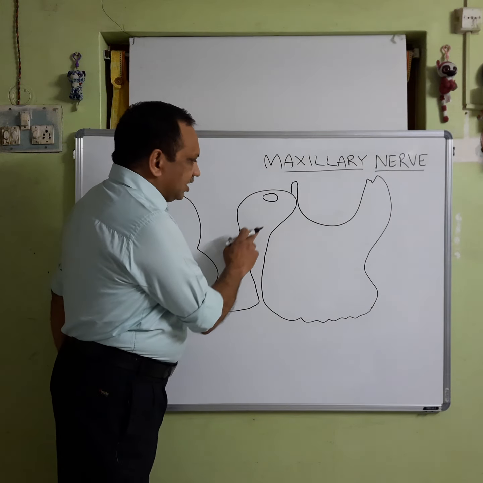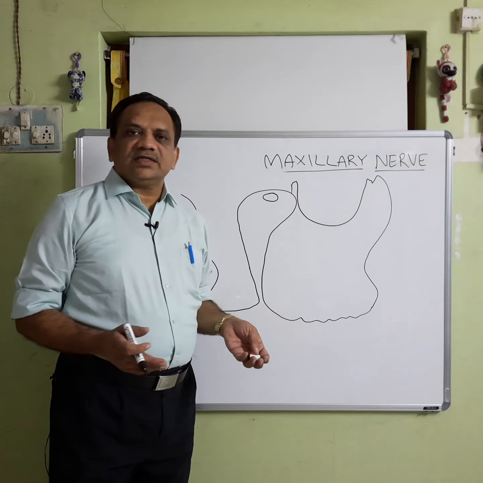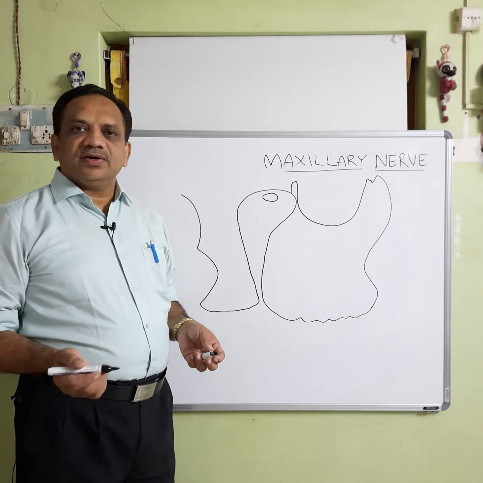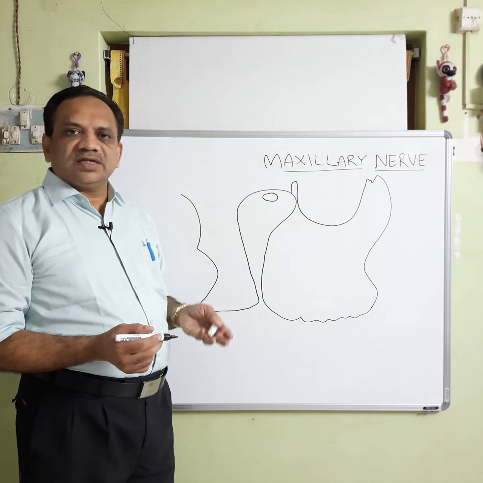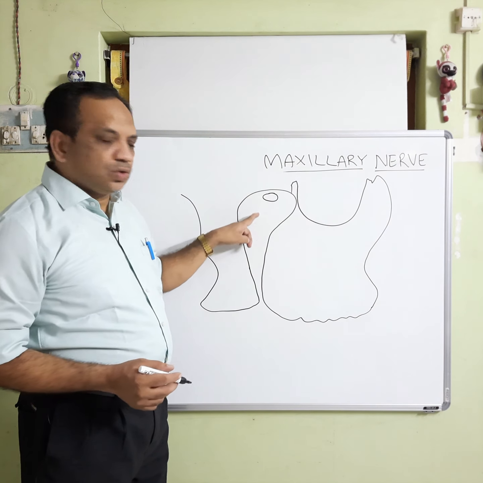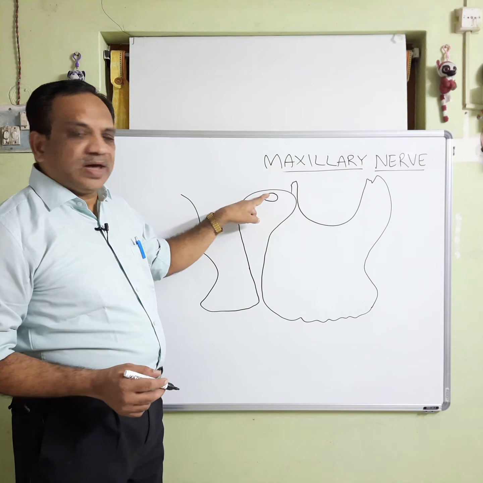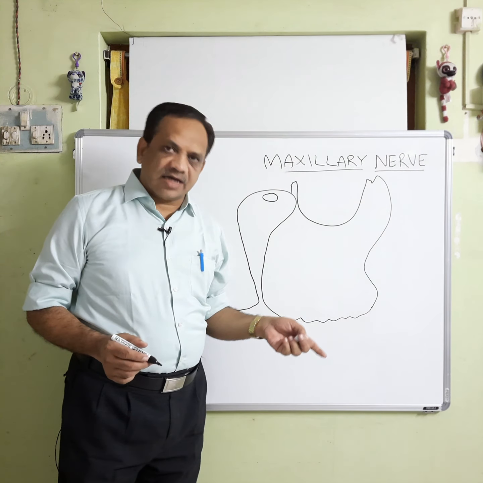So, this is the pterygopalatine fossa. In the last class about the maxillary artery, we learned that the third part of the maxillary artery enters this fossa and goes through the spinopalatine foramen as the long spinopalatine arteries.